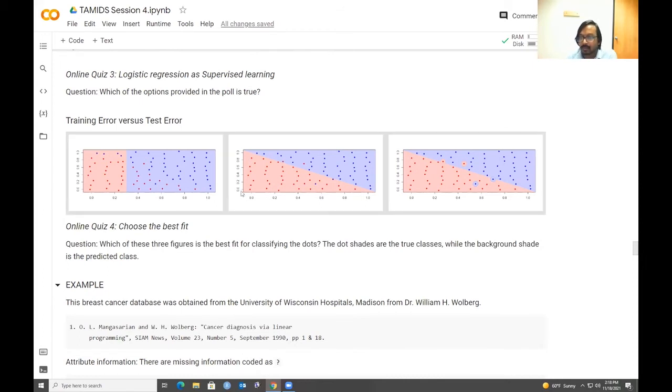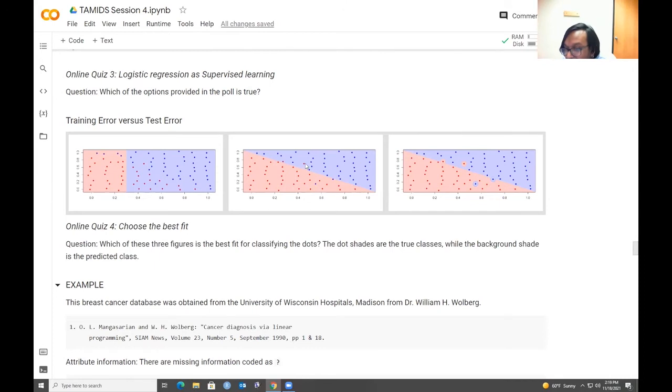So the overall pattern is that most of the data points on the top right diagonal are in the blue class, and most of the data points on the bottom left diagonal are in the red class.